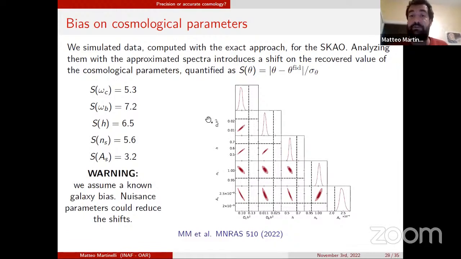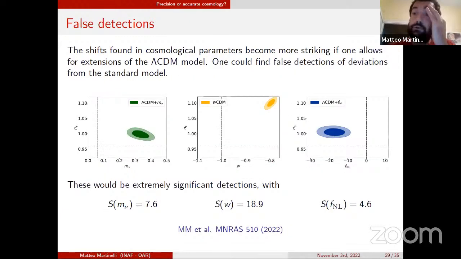In particular, what we found is that if you go to extensions of lambda CDM, so the data set you created is exact and is in the lambda CDM model, and then I test for extensions with the wrong modeling of the spectra, what I find is detections of non-standard models. For example, I can find non-Gaussianities, I can find w that is different from the cosmological constant, and all this by just having a wrong modeling of the very large scales.